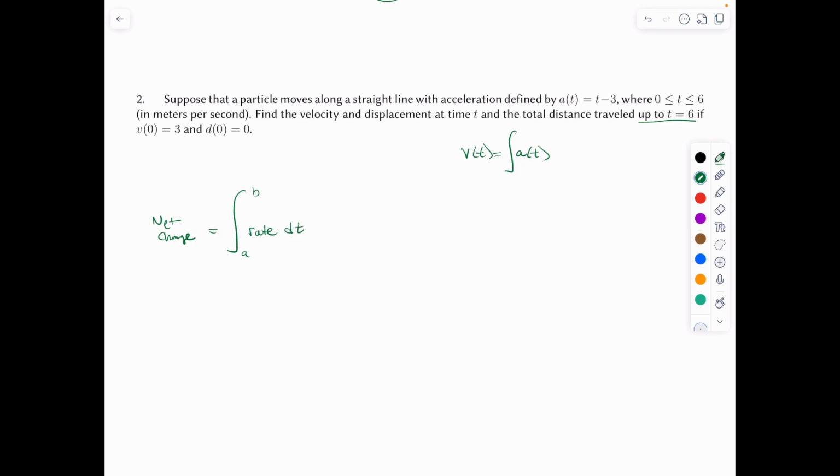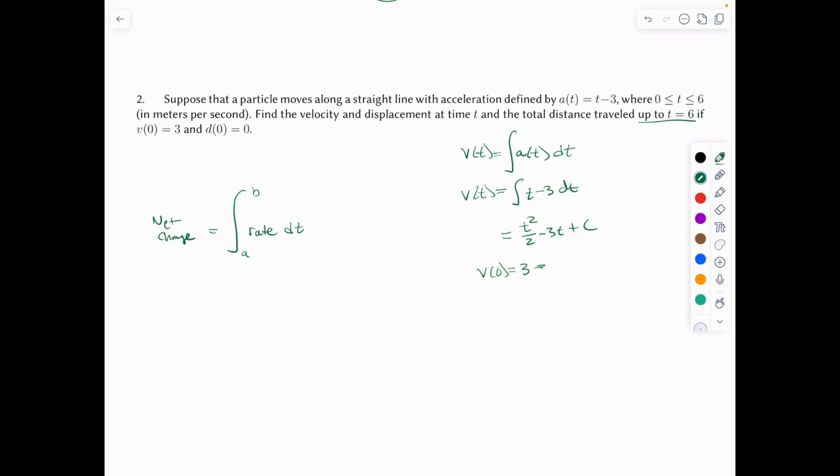That's probably the easiest thing to do. So v of t is going to be the integral of t minus 3. And that's going to be t squared over 2 minus 3t plus some constant. What's the constant? Well, v of 0 is equal to 3.